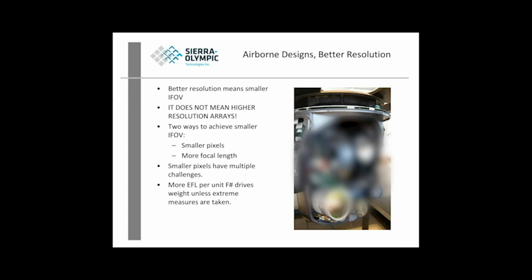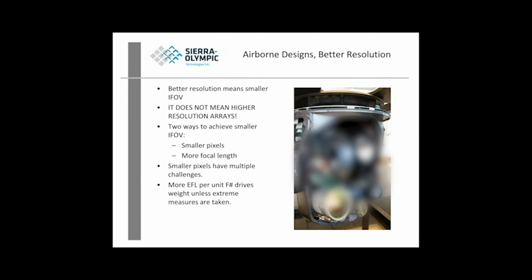So where are we going in the future? Everybody wants better resolution, but they want to ensure that we don't get too heavy. So the only way to get better resolution is smaller pixels or more focal length.